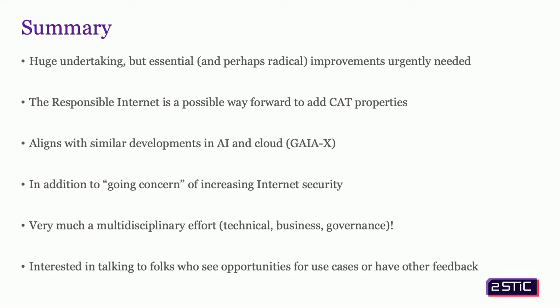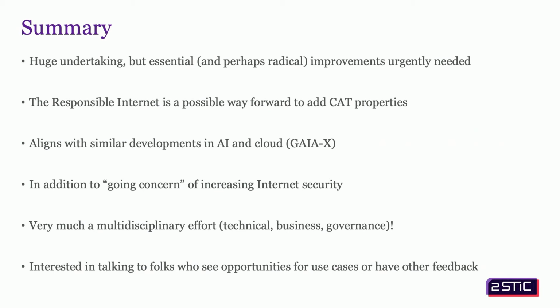So in summary, I think the concept of a responsible internet is a huge undertaking. I think you may have guessed that already. But I think it's also urgently needed if we want to really support the internet applications of the future. It's our vehicle to introduce these CAT properties, so controllability, accountability, and transparency.